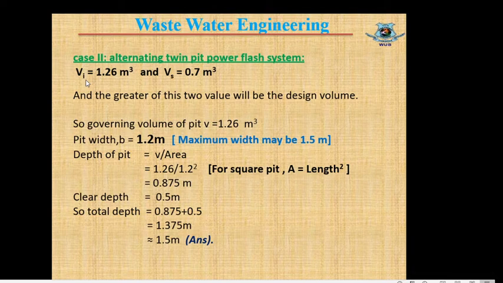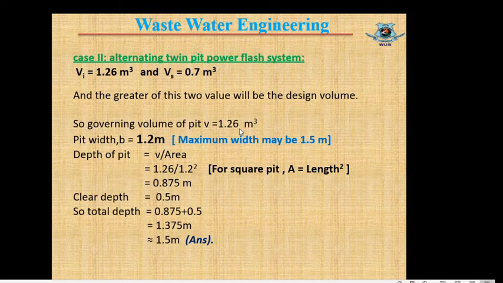In a twin pit system, the required pit volume will be the greater of these two values. Hence greater is 1.26 meter cube, so governing volume of pit equals 1.26 meter cube.